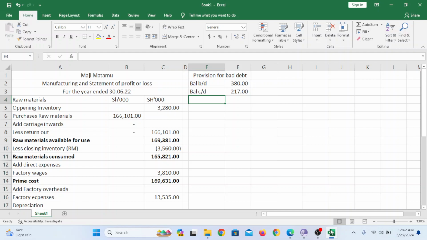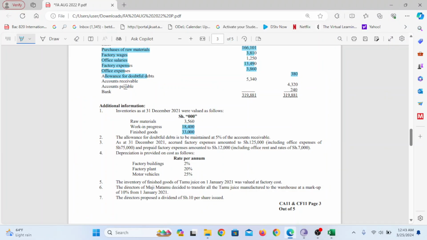So you compare whether there is an increase or a decrease. So this is automatically a decrease. So the 380 minus 217. So the provision carried down, receivable was how much? Am I picking the right value? The accounts receivable here, I picked payable 4320.